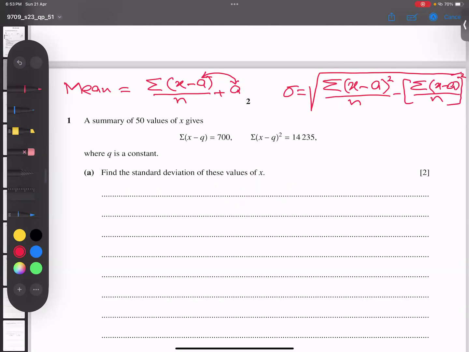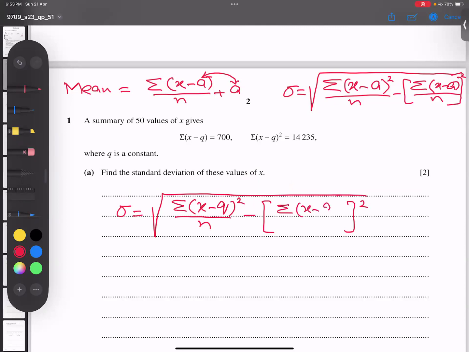And the deviation formula, I will copy. And what is the method? You agree with me? Sigma (x minus q) whole squared by n, minus the square of what is inside: sigma (x minus q) over n.